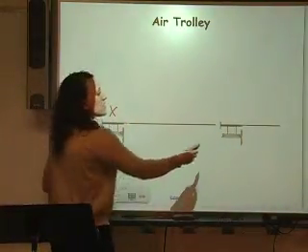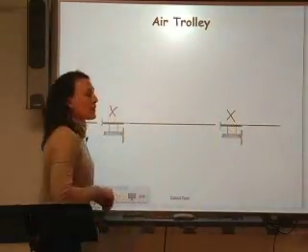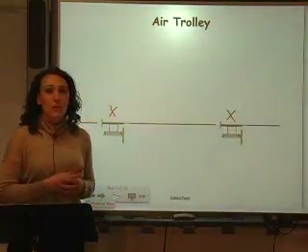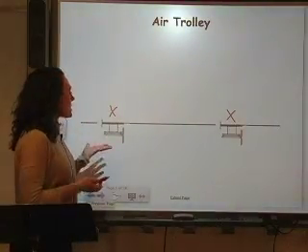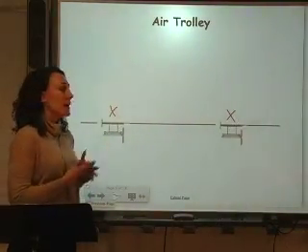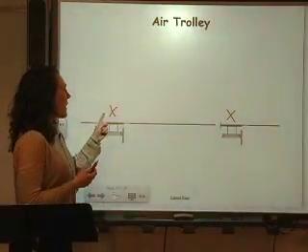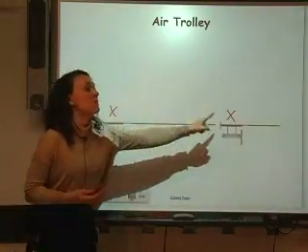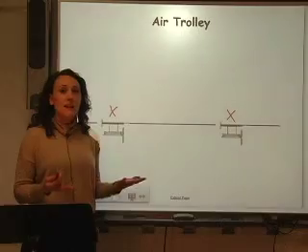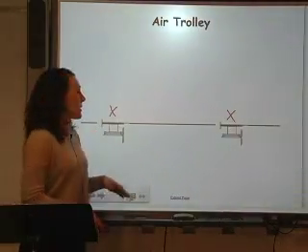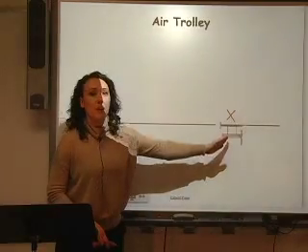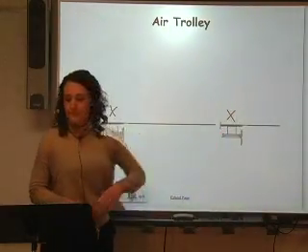Again, that's its position, so I'm going to label it with an X. Now, does this represent the motion? Well, if somebody came in here and looked at the board, we have two air trolleys on one line because X marks both spots. That's not exactly what we want to represent. We want to represent that this is where the air trolley started and that's where the air trolley finished.